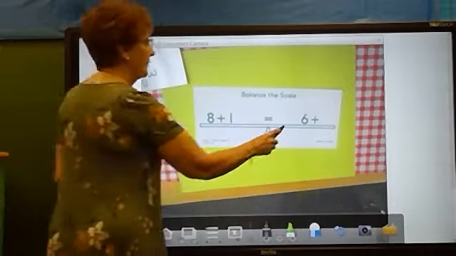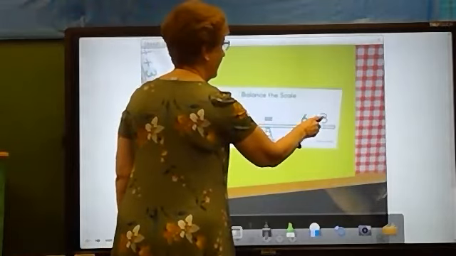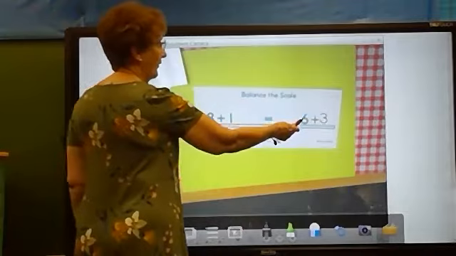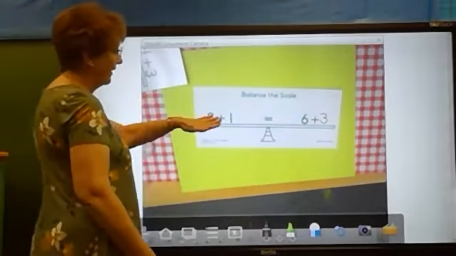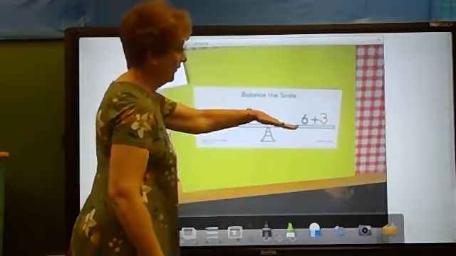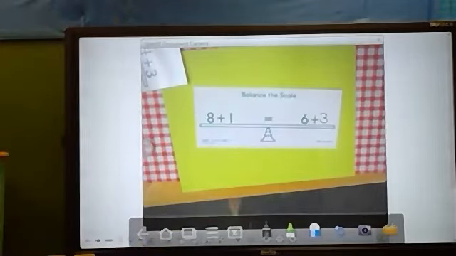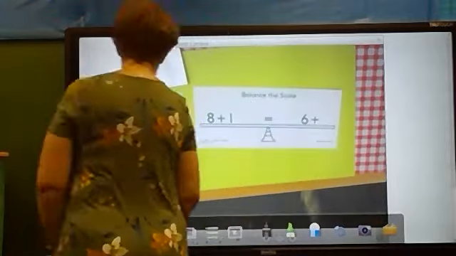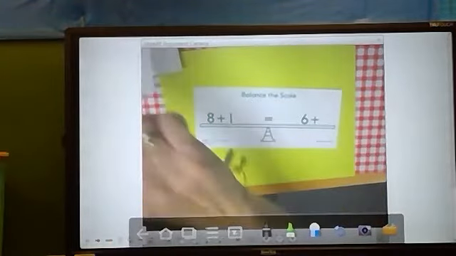That's right, 3. So 8 plus 1 equals 6 plus 3. And the reason 8 plus 1 equals 6 plus 3 is because they both have a sum of 9. Okay, let's try another one.